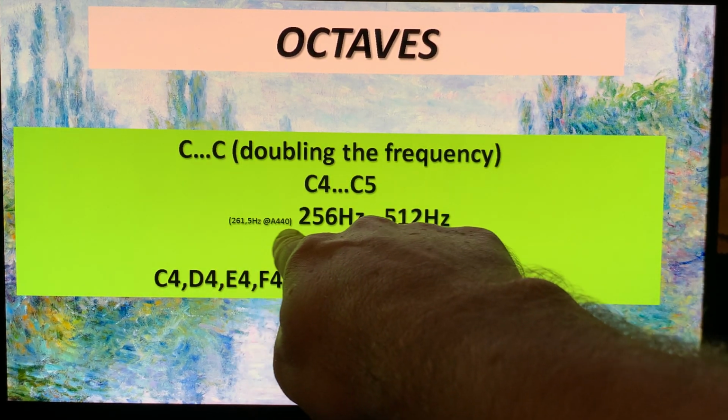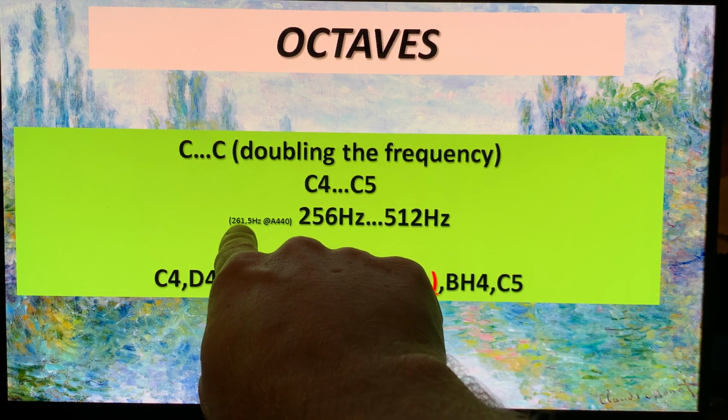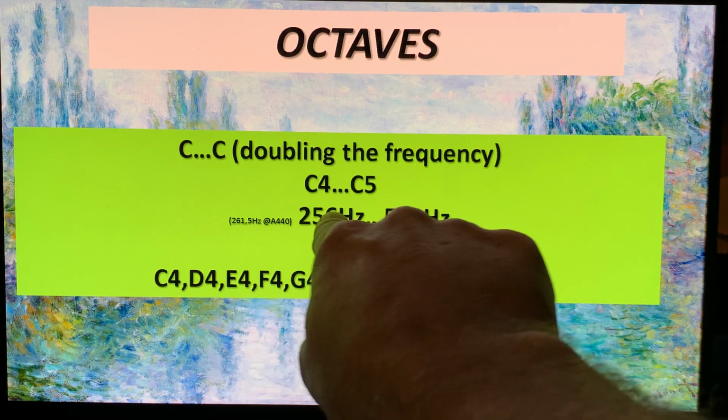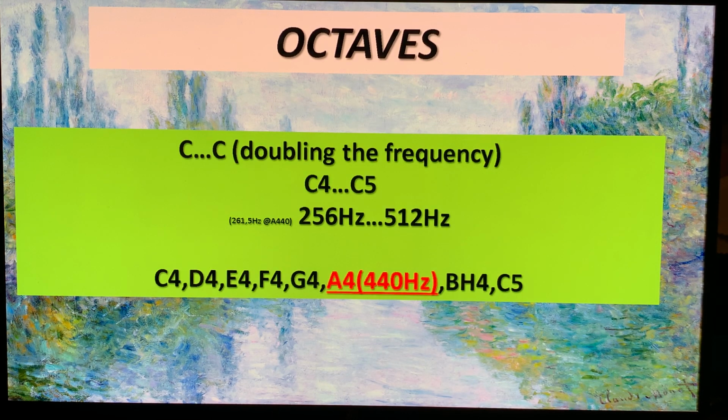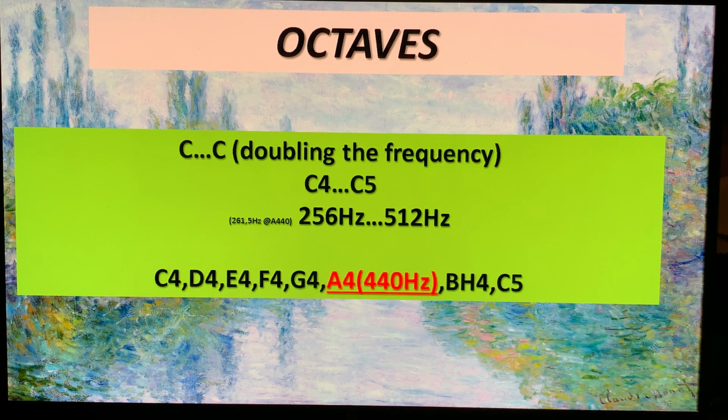Now, if we go for the A440, then the C4 is actually 261.5 hertz. I'm using 256 hertz because it's an easier number to work with for these calculations, and we don't need to go to fractions.